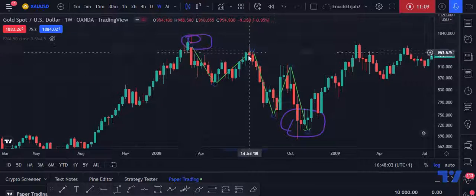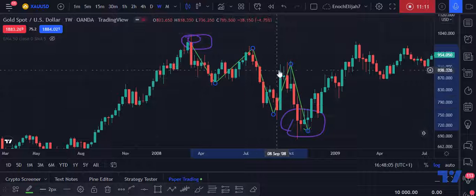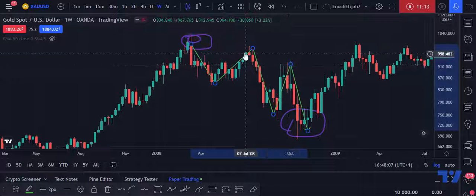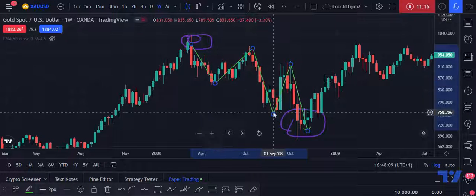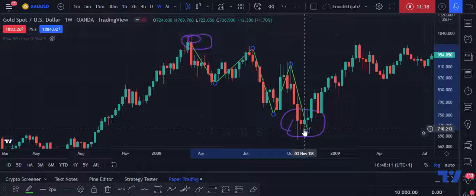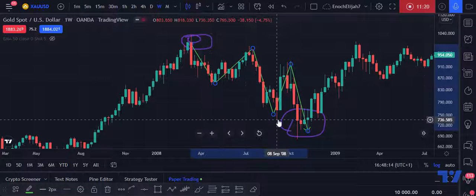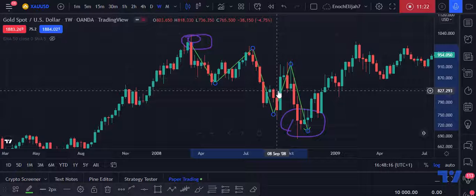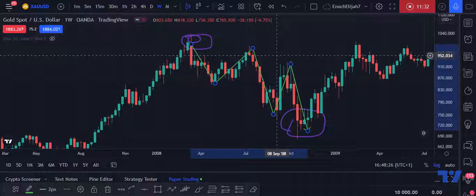This is a high, this is a lower high, this is a low, this is a lower low. A low that is lower than the previous low is called a lower low, while a high that is lower than the previous high is called a lower high.